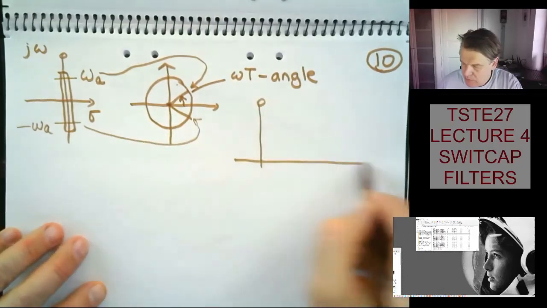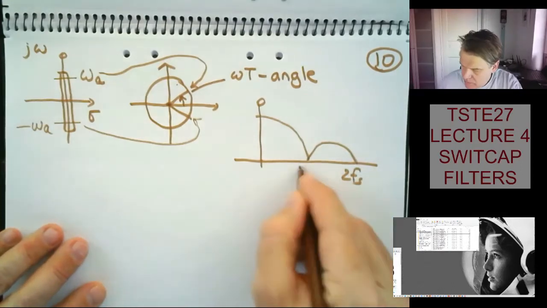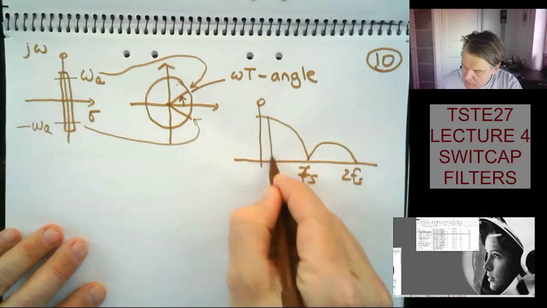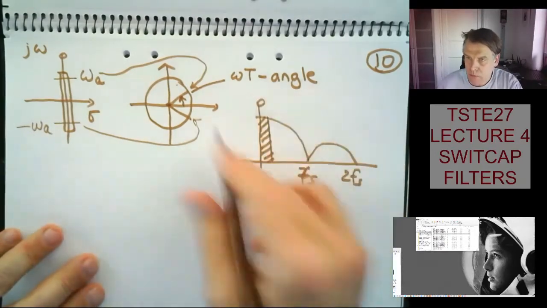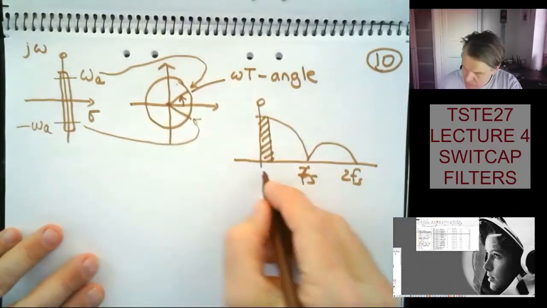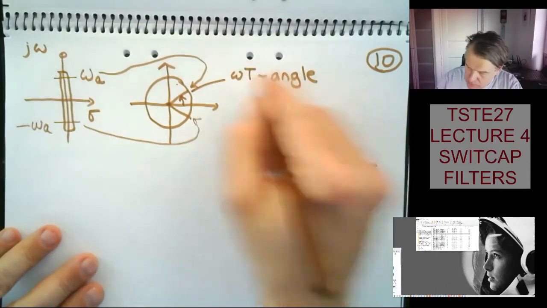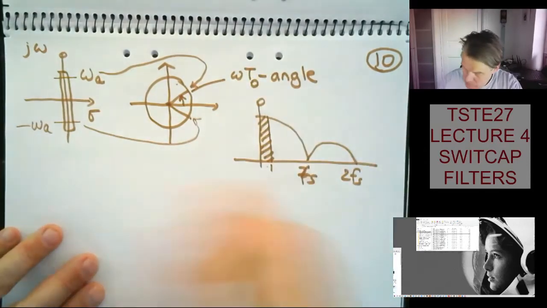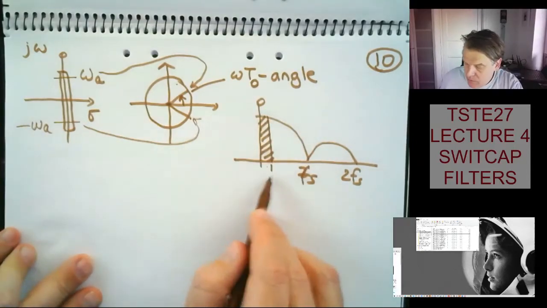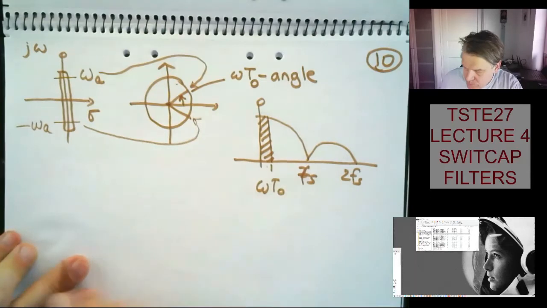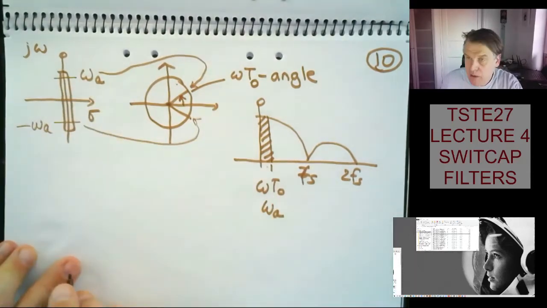Essentially, we can also look at this figure. If you remember from the first half of this session today, we said that we had to limit ourselves down here somewhere. So in the discrete time domain, this corresponds to this omega t angle. Let's call it omega t naught, for example. That particular angle in the discrete time domain corresponds to omega t naught, and that then also represents your omega a here in your analog domain.